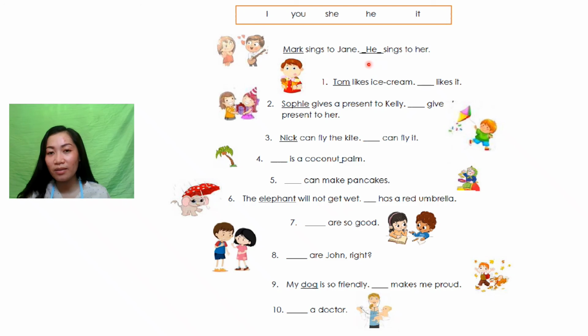We use the pronoun he because we are referring to Mark. So we also have number 1. Tom likes ice cream. Blank likes it. First you have to know what the subject of our sentence is. Some of the subjects are already underlined. So all you have to do is write the pronoun in the space provided.